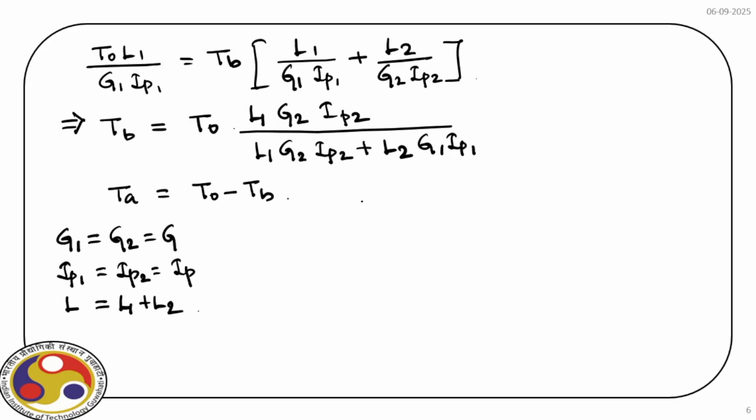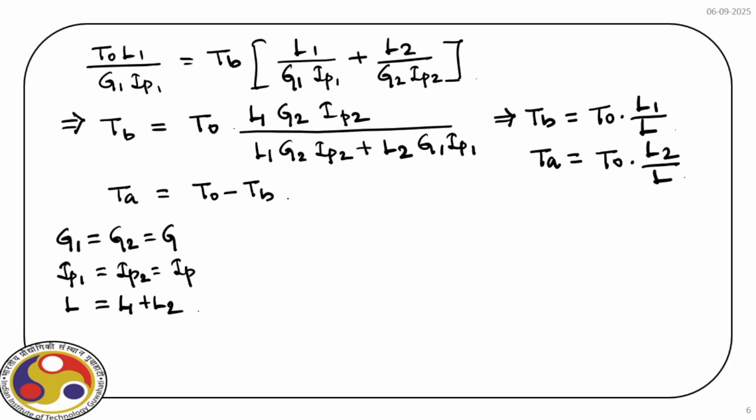Then what we get? We get TB is equal to T0 times L1 divided by L, and TA is equal to T0 times L2 divided by L.